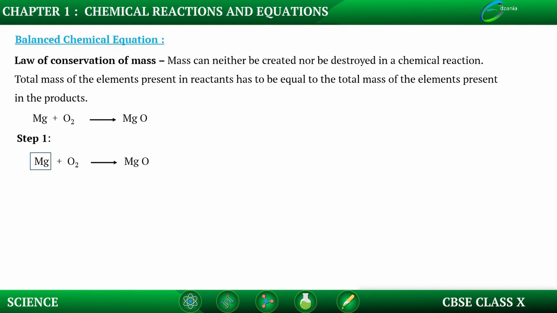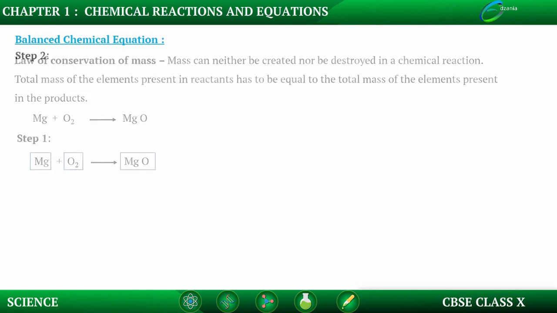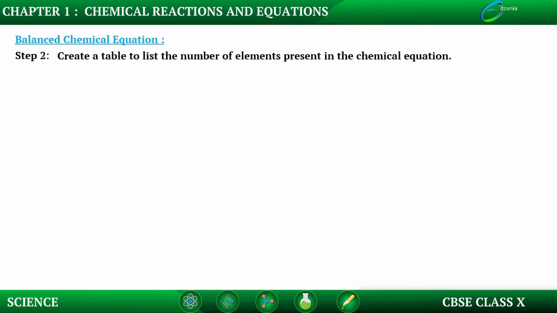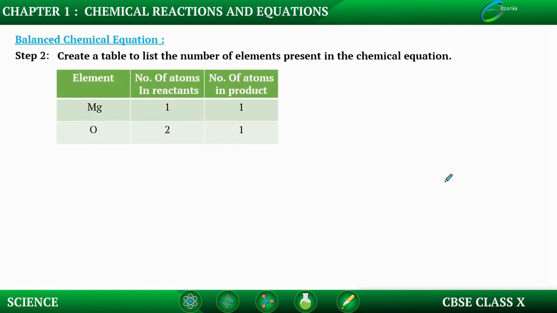Step 1. We have to write each element in boxes to represent that we are balancing a chemical equation. In step 2, we create a table to list the number of elements present in the chemical equation. As we know, according to the equation, magnesium plus oxygen gives rise to magnesium oxide.